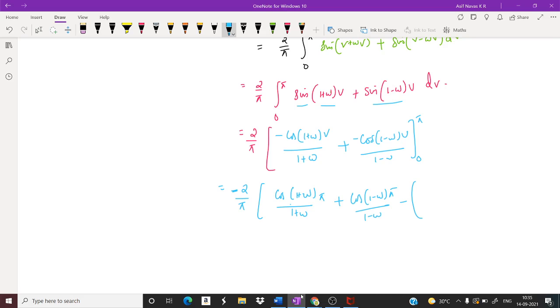Okay, what will happen here? 1 by 1 plus omega, cos 0 is 1, plus 1 by 1 minus omega.